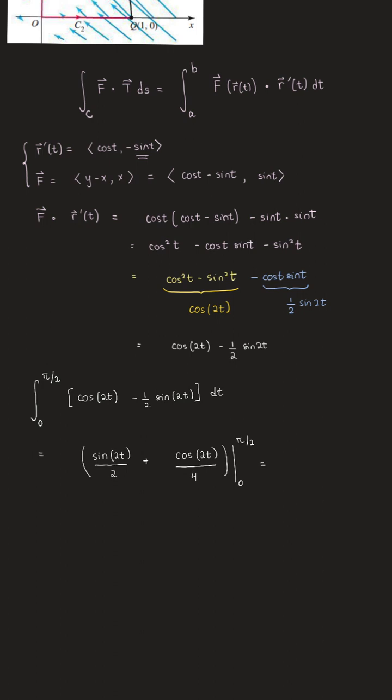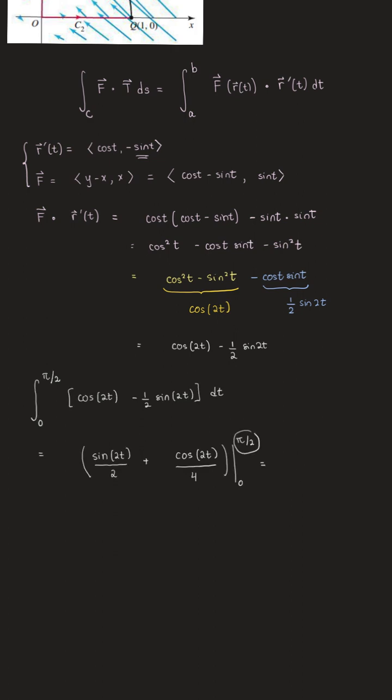And when I put in pi over 2, that becomes sine of pi, which is 0, plus cosine of pi, which is -1 over 4, minus, let's see what we get when we put in 0. Sine of 0 is 0. Cosine of 0 is 1. Let me try that again, because it shouldn't cancel out. I may have done something wrong.